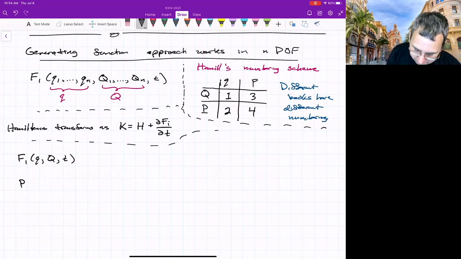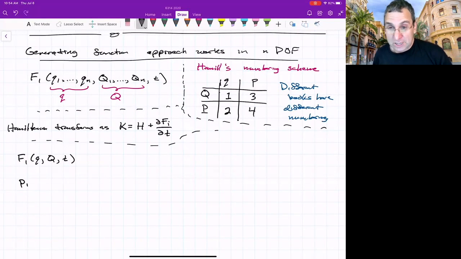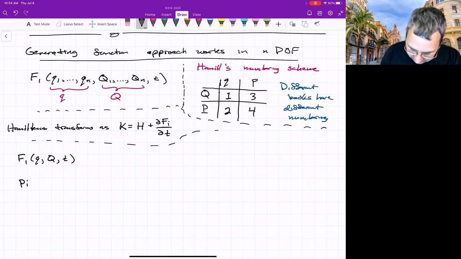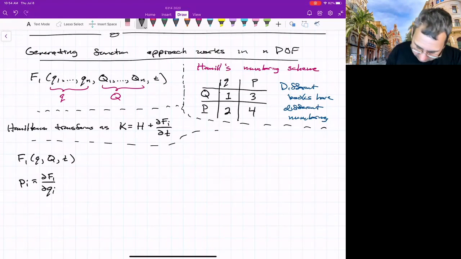The way things work out when you do that procedure, p_i is partial f1 partial q_i, and then big P_i is negative partial f1 partial big Q_i.